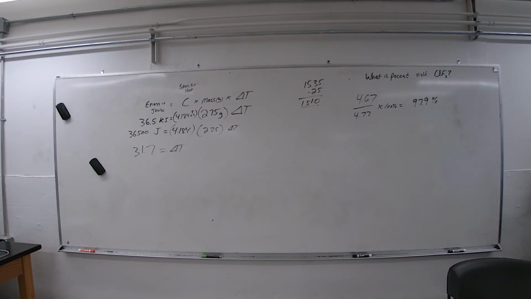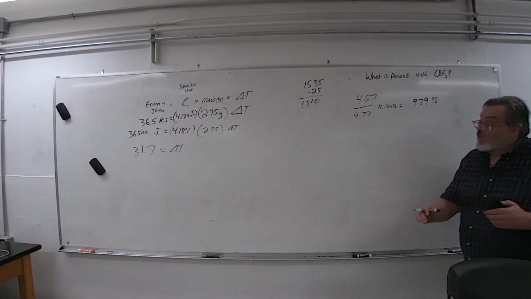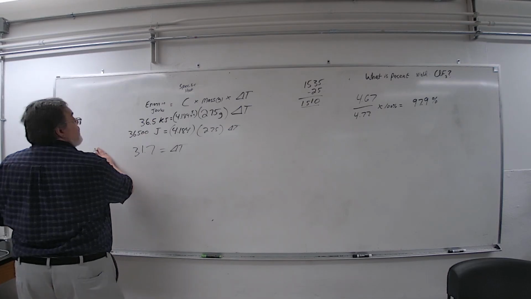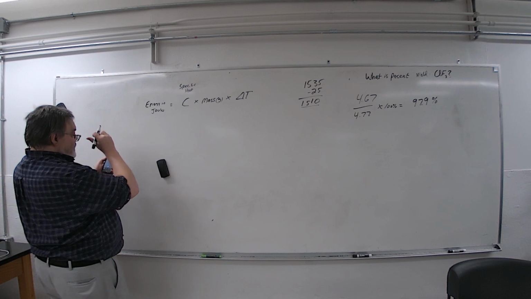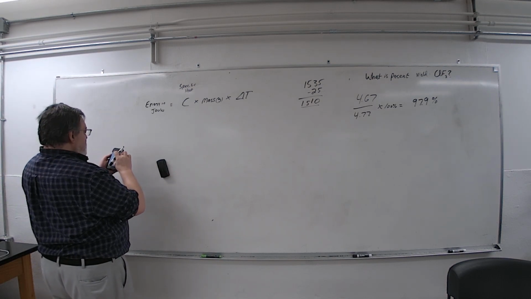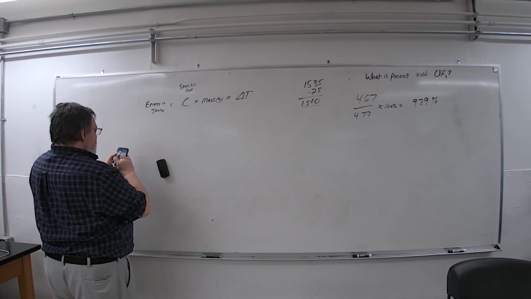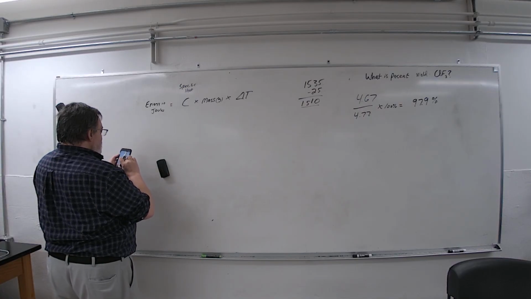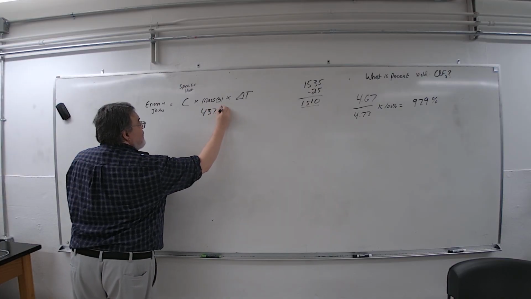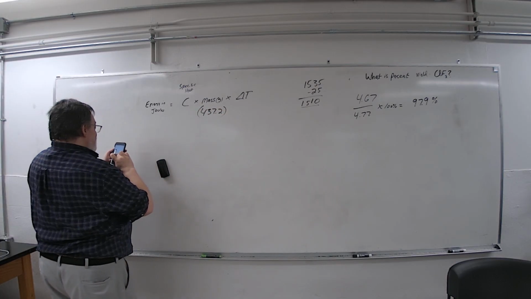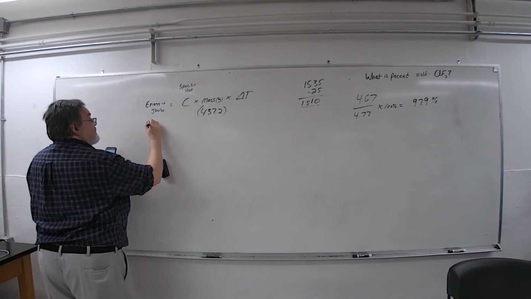One more, finding the specific heat. This time we're looking for C. A piece of unknown solid substance weighs 437.2. It requires 8460 joules.